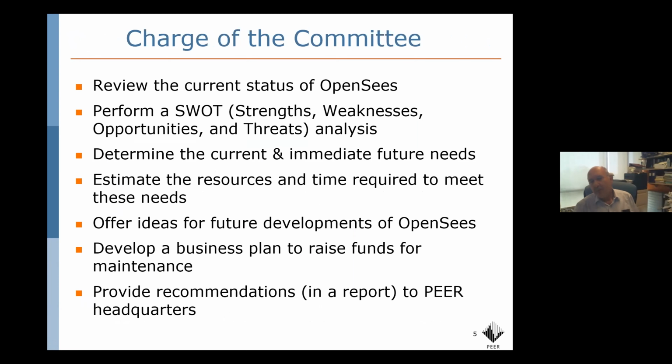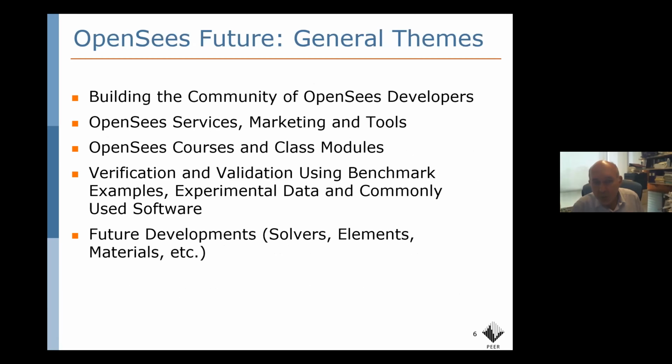So the committee has met four times, four long meetings. We had very lively, open discussions, discussed many ideas, and we are going to put our thoughts and ideas and recommendations together in a short report by later this year.